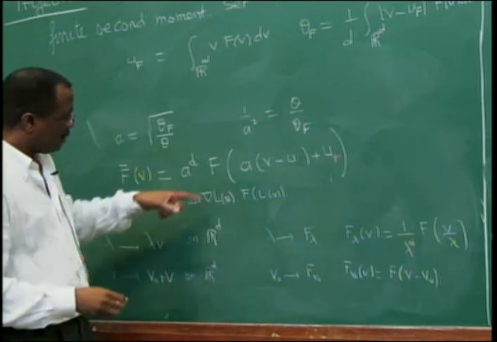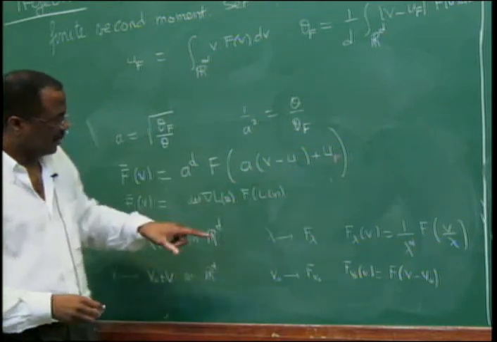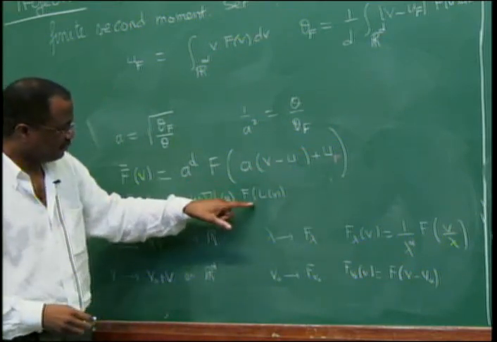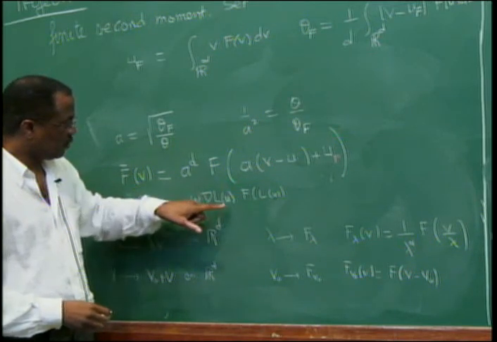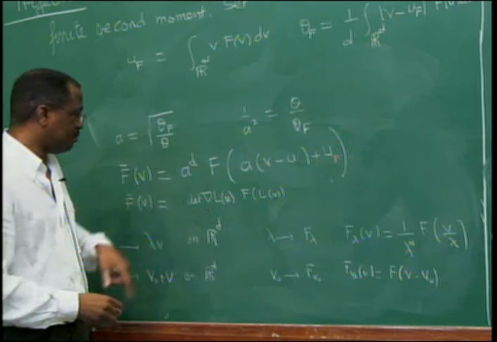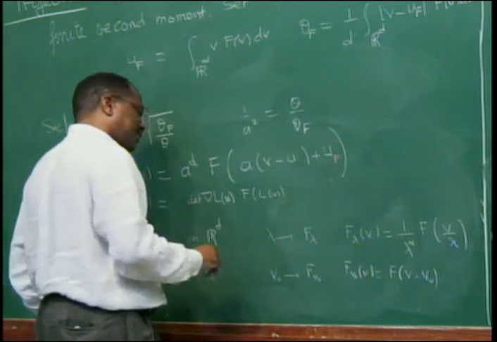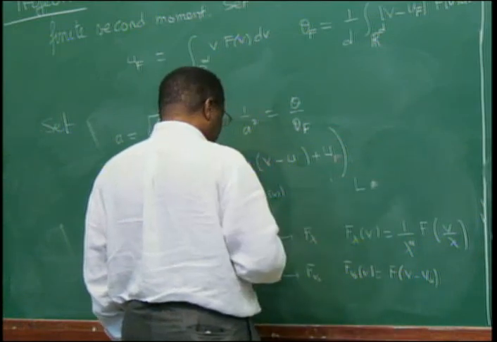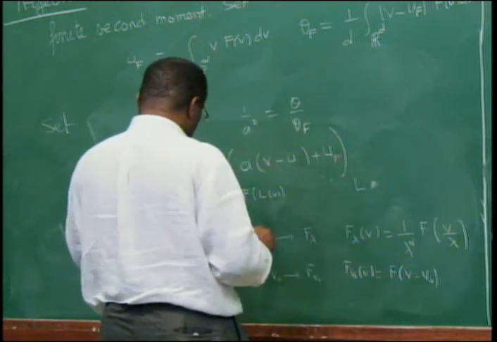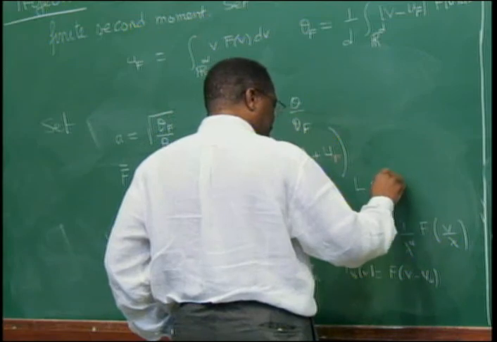If I set L of v to be this, then the gradient of L of v is a times the identity, and so the determinant is a to the power d. That means that L pushes f to f̄.